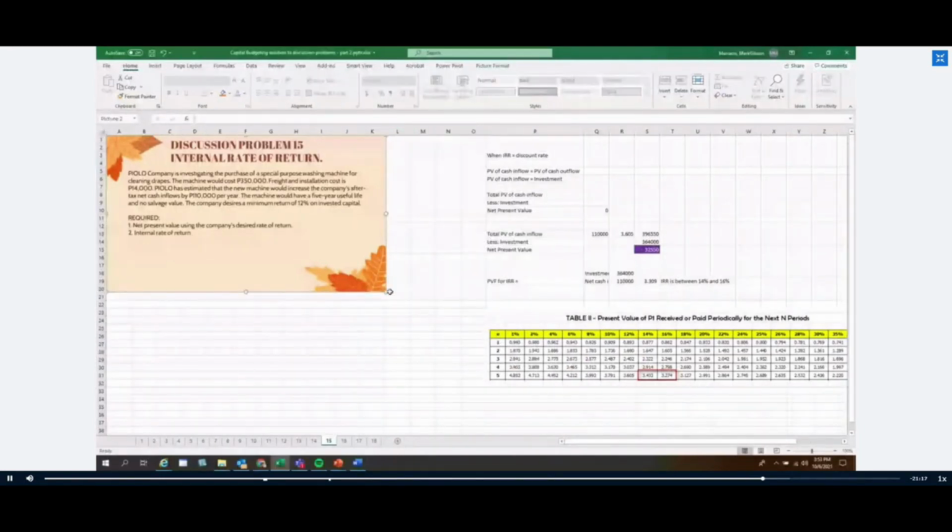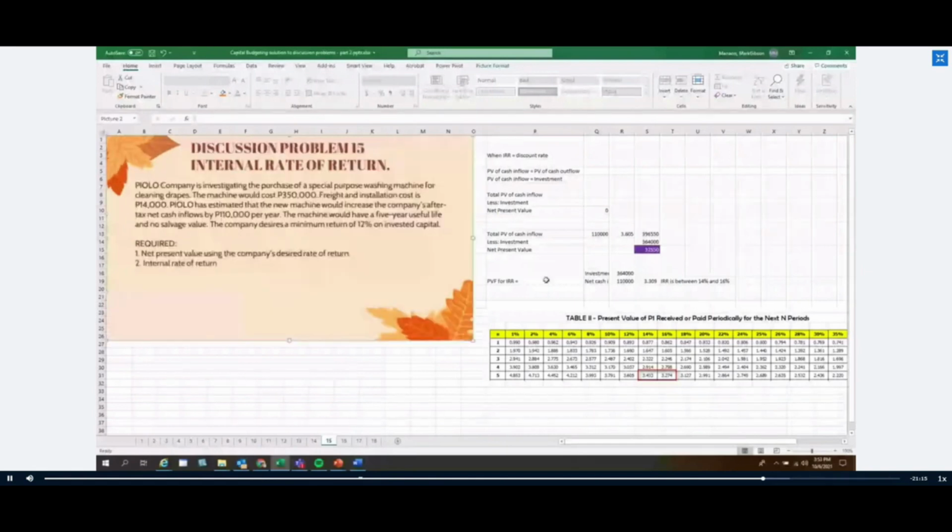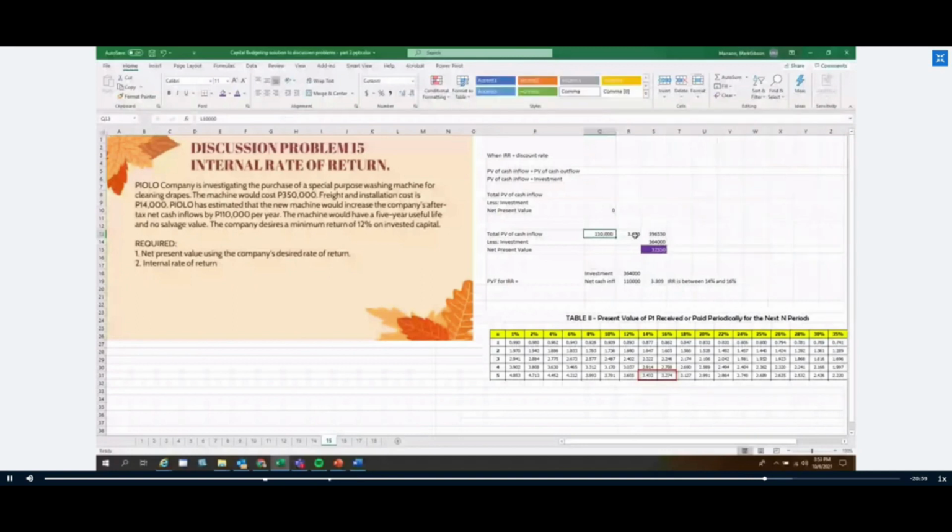In problem 15, ang sinasabi lang na una mo nating computing dito is net present value. So in net present value, sabi natin, meron tayong net cash inflow of 110,000 multiplied by the present value factor of 3.605. So that's 396,550.